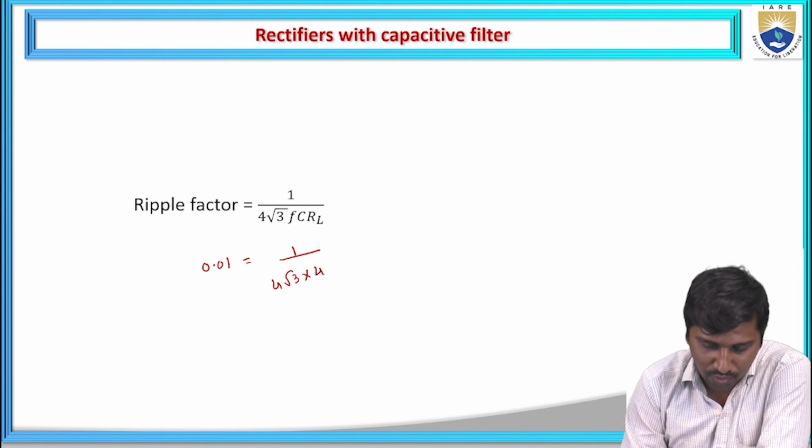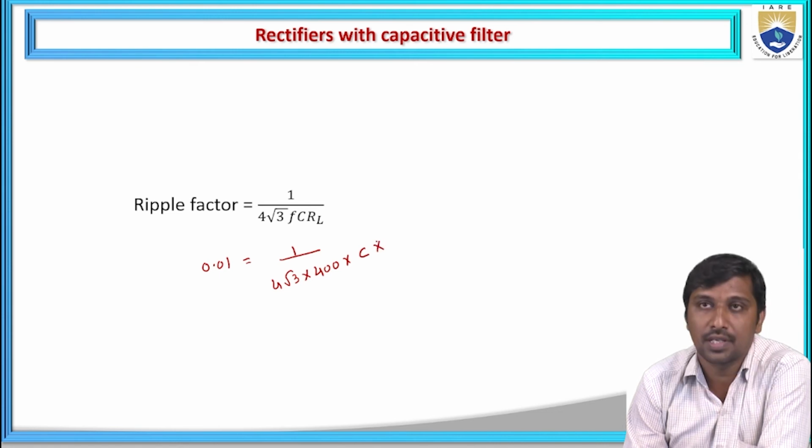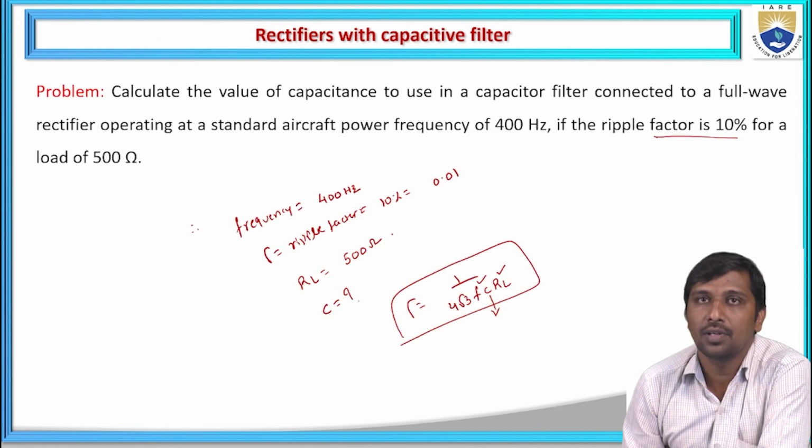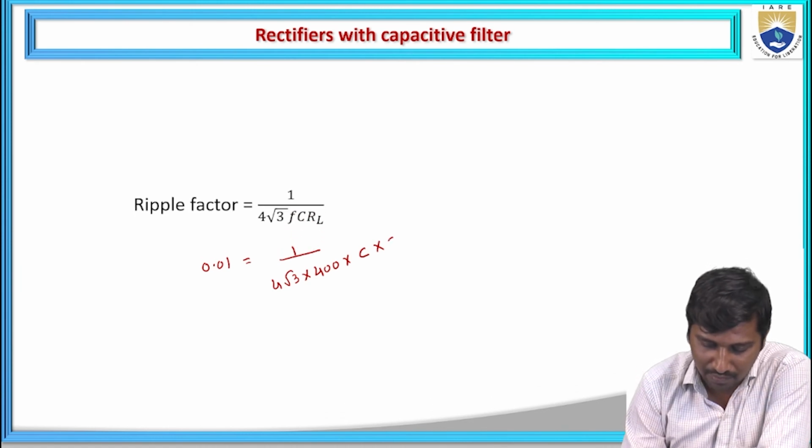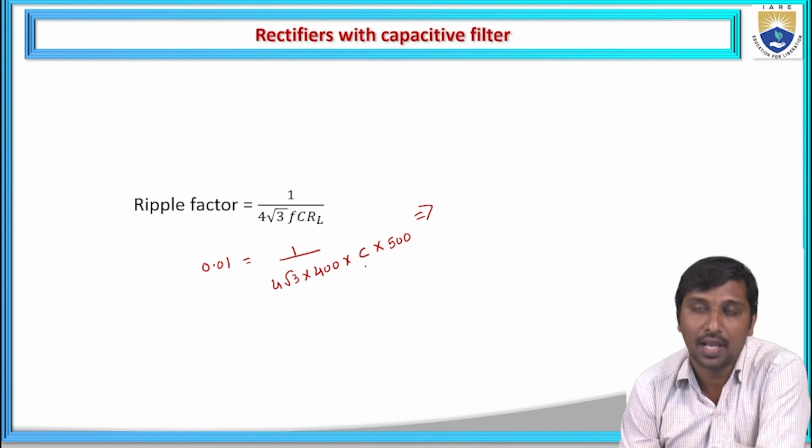We need to calculate the capacitance, and the given load resistance is 500 ohms, so this RL value is 500.